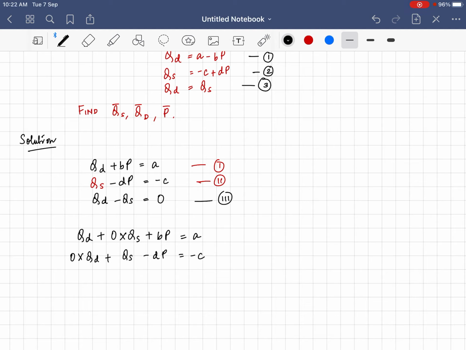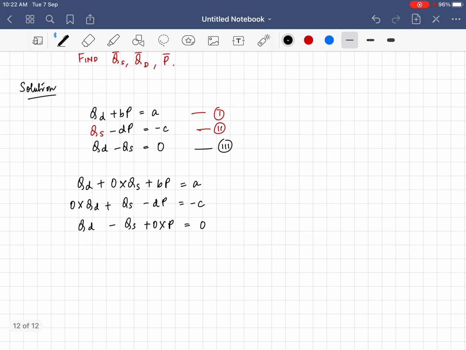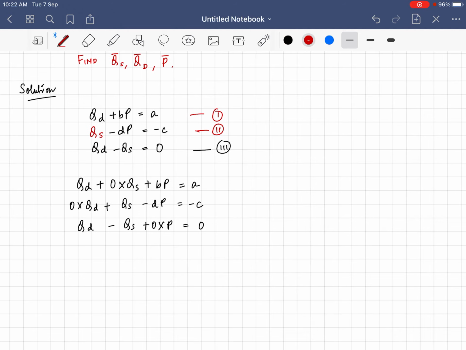Now the third equation is QD minus QS, and there is no P, so I'm going to write plus 0 into P is equal to 0. This is how we write those three equations in this form: this was my first equation, the second equation, and this is my third equation.